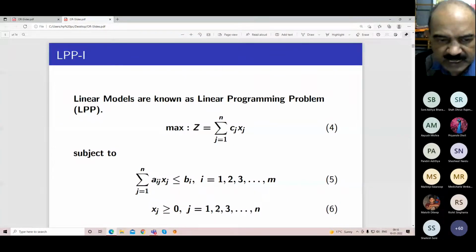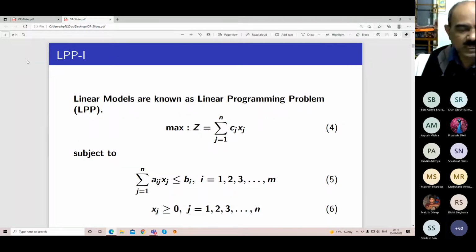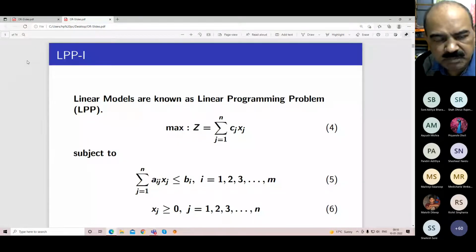This is a typical maximization type model. We can name it LPP model 1. Similarly, we also have the minimization type model. If maximization type models are there, then we can also have minimization type models.